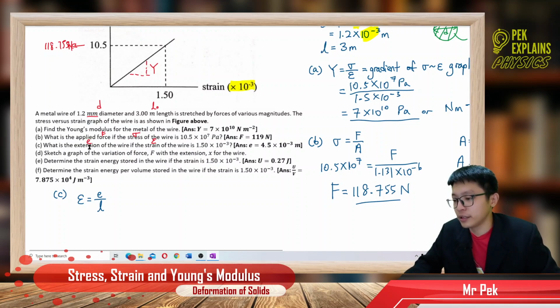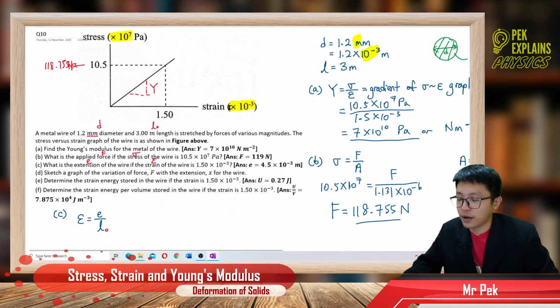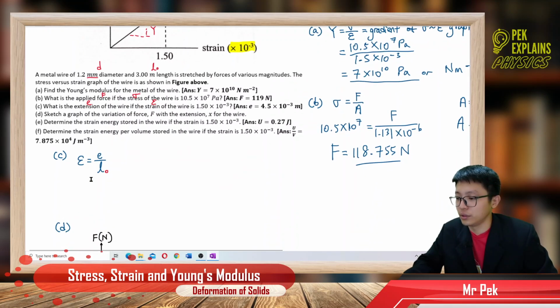Under this strain, 1.5 exponent negative 3, what is the extension of the wire? You just use the formula strain equals elongation over original length. This is the original length. So I have the strain 1.5 exponent negative 3, so just substitute inside.